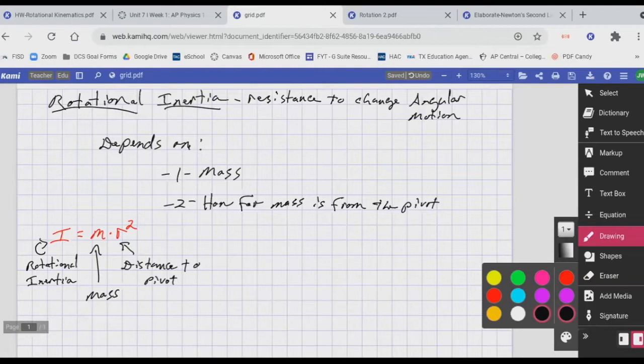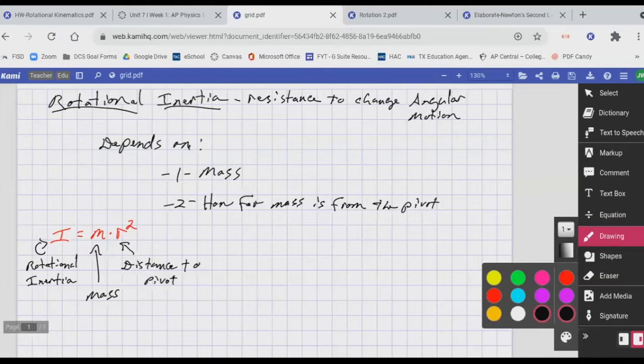So the rotational inertia of a point mass around a pivot is just saying that for a point mass, for just any mass, any little object that we've reduced down to a point, the rotational inertia, or the resistance to change in angular motion, is equal to the mass times the distance squared. As the mass goes up, we can see the rotational inertia increases.